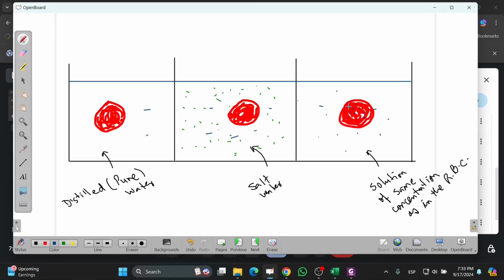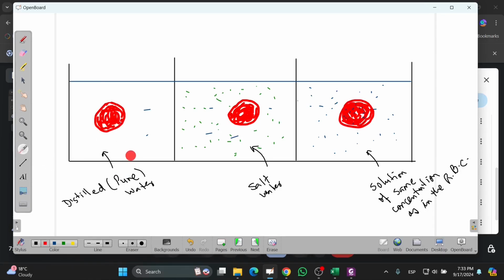Remember, this cell also has a cytoplasm, and there is water inside the cells. Our cells have water in them. So let's say the concentration of this solution is the same as that in the cell. The question is, what will happen, guys, eventually? Let's say 2 hours later. Would these cells have experienced any change?